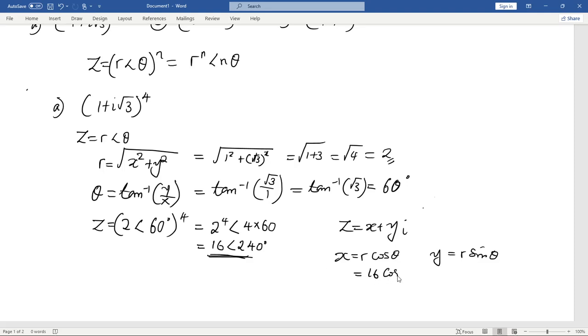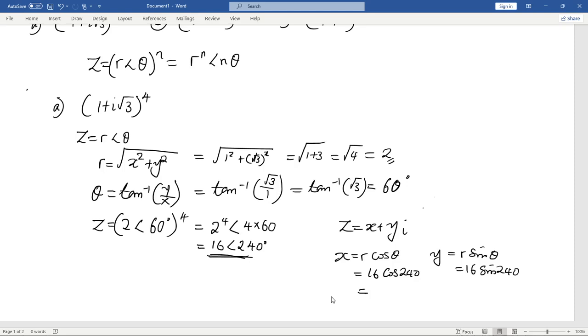Then cos 240. Then this side we have 16 sine 240. So the value for x, 16 cos 240 will give us negative 8.